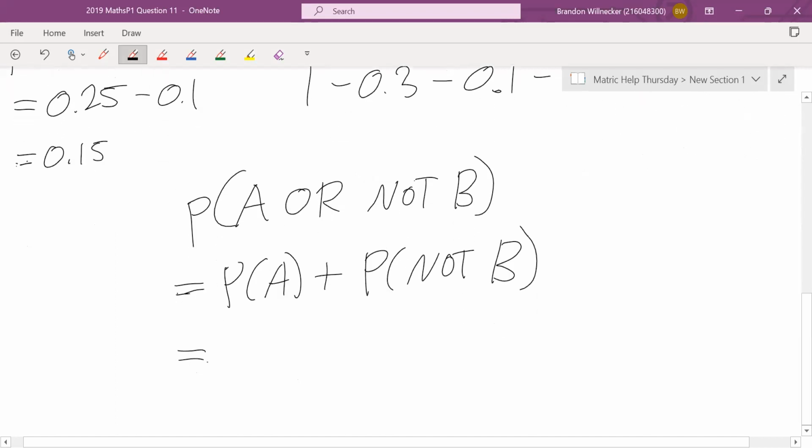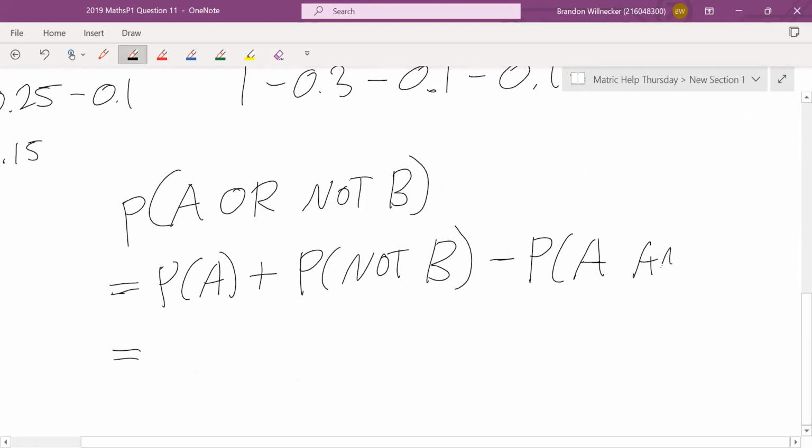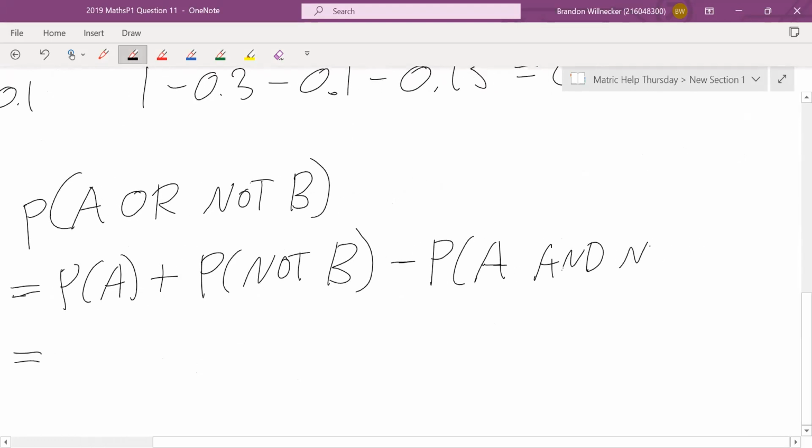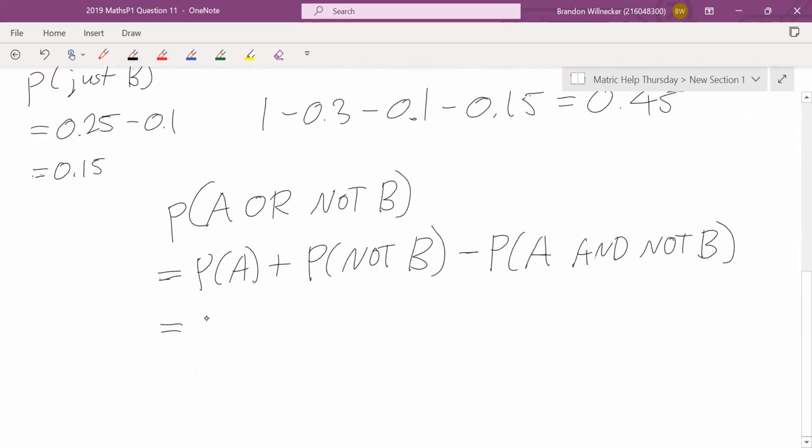Okay, good. Now, okay, we're not done yet. We need to subtract the probability of A and not B. Okay, because of that overcounting there. So the probability of A or not B is the probability of A plus the probability of not B minus the intersection.